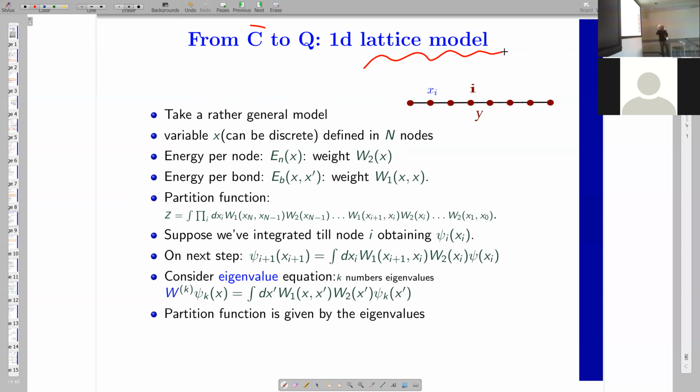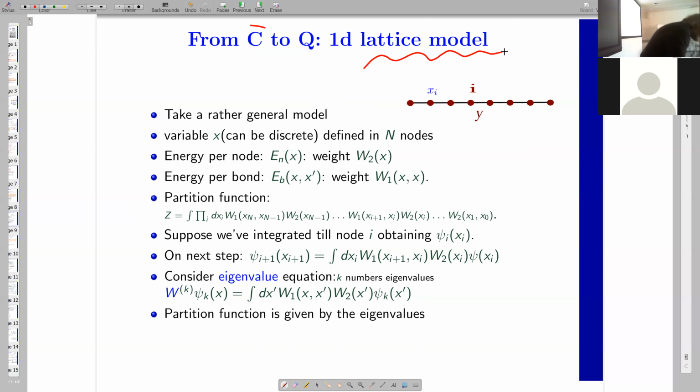It has a set of nodes in variable y, and variable x doesn't have to be plus or minus. It can take any values in each node, discrete values or continuous values. All right, so a generalization of an Ising model.